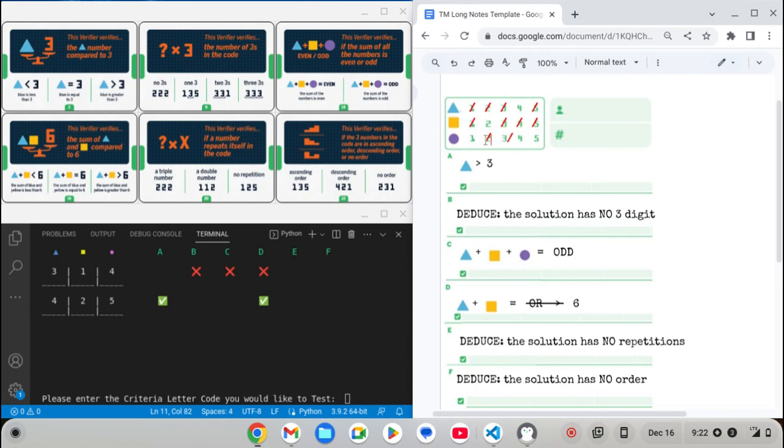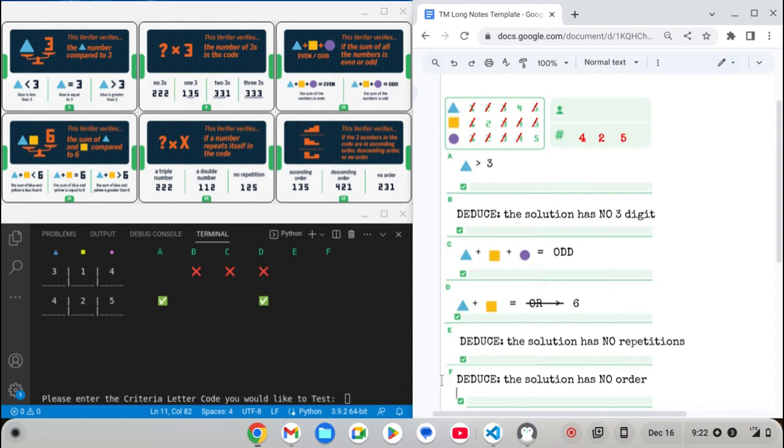Again, no duplicates, so no 2 or 4. And so that leaves us with 1 or 5. And because of the no order, circle cannot be a 1. So it looks like our solution should be 4, 2, 5. So let's go ahead and type that up.